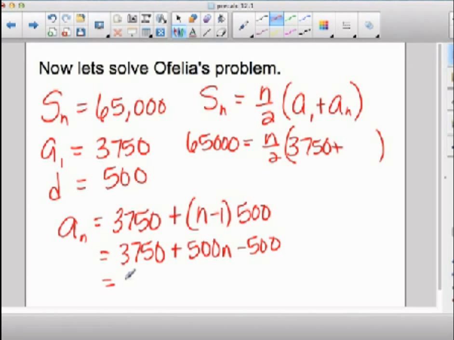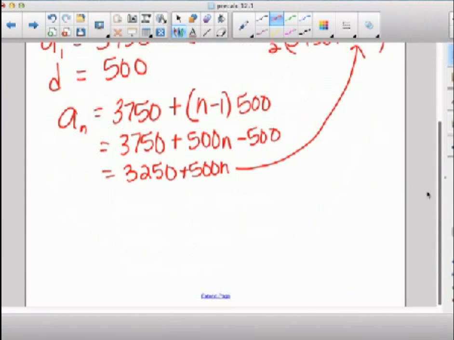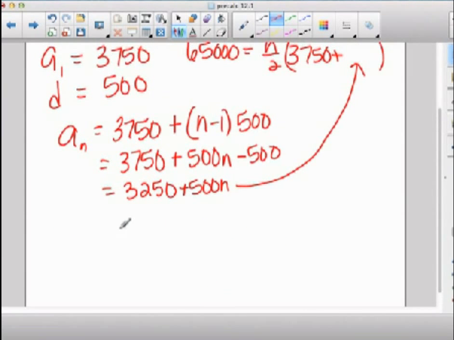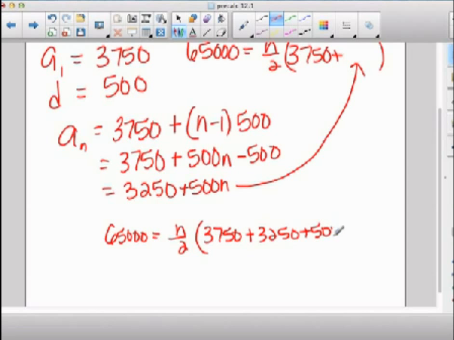So we got 3,750 minus 500 is 3,250 plus 500n. We take that and plug it in there. 65,000 is n over 2 times 3,750 plus 3,250 plus 500n.